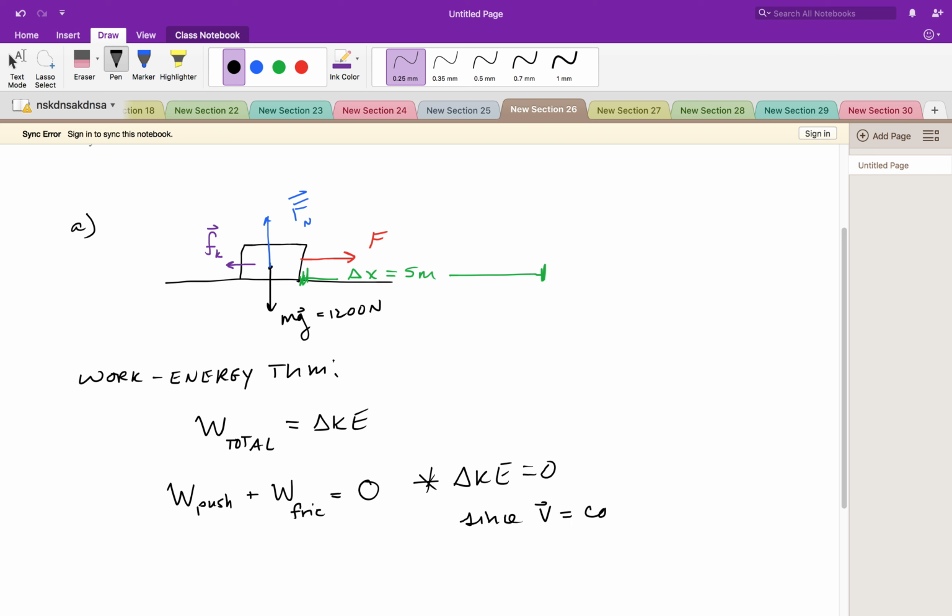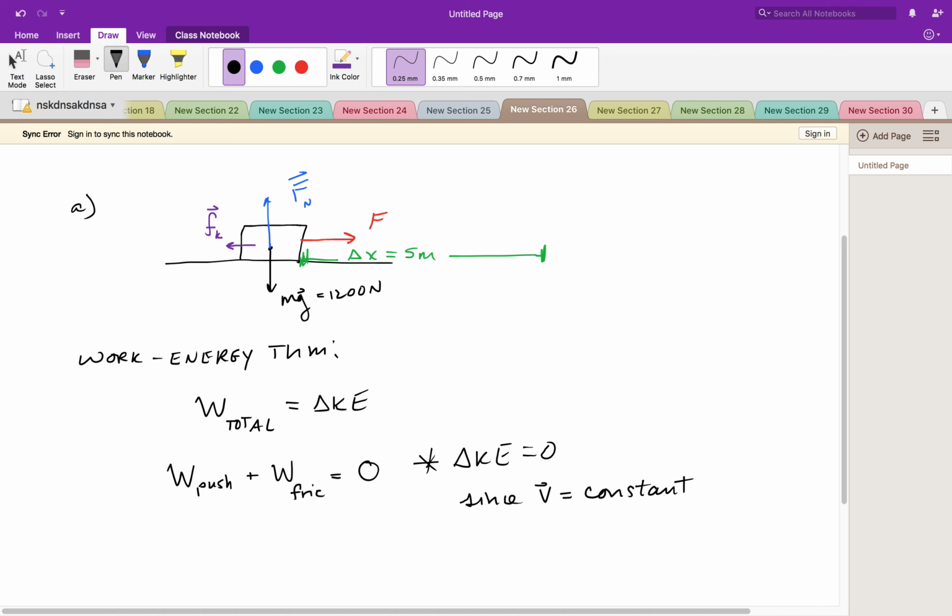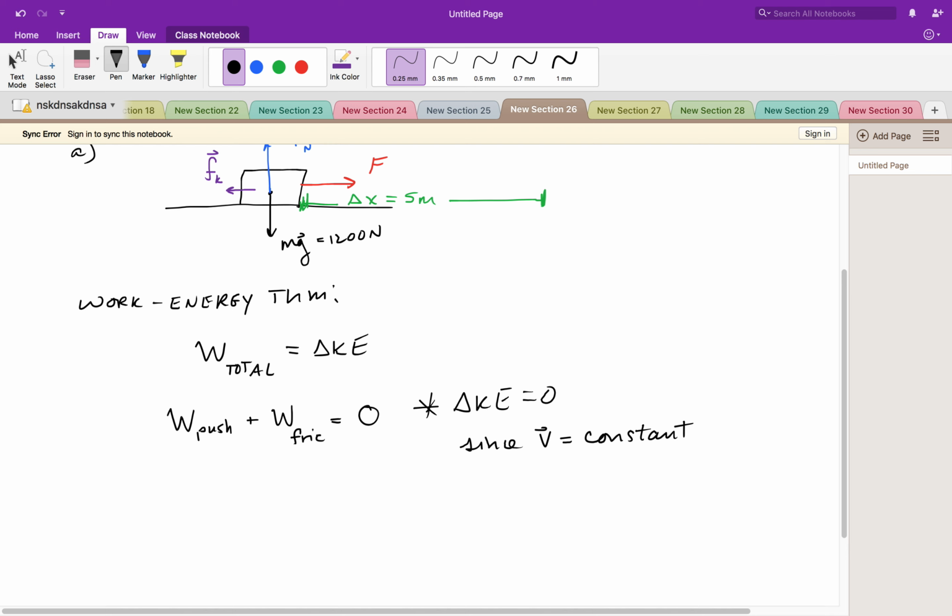Since the velocity is not changing, neither is the kinetic energy. So we can say the work done pushing this thing is equal to the negative of the work done by friction.